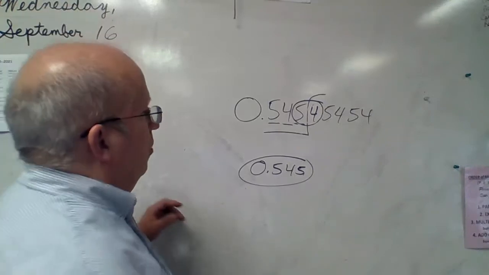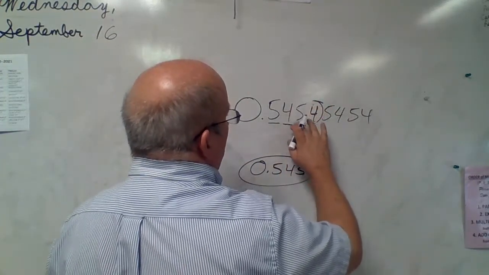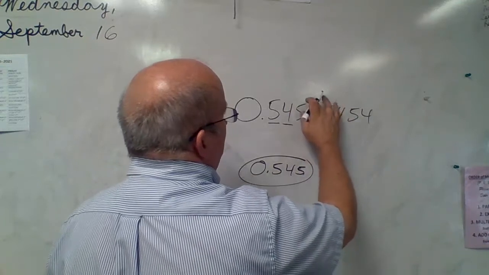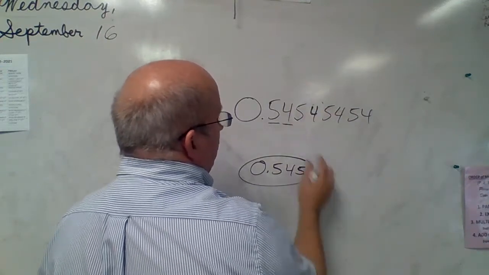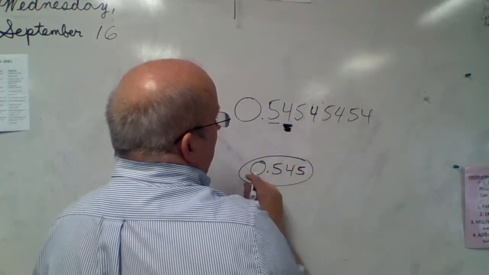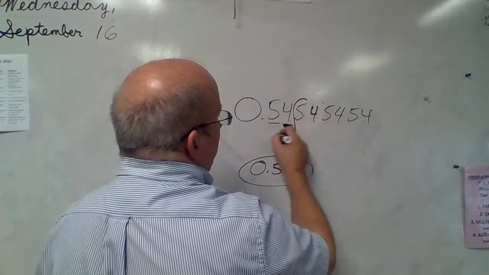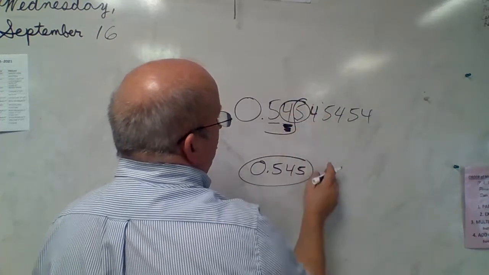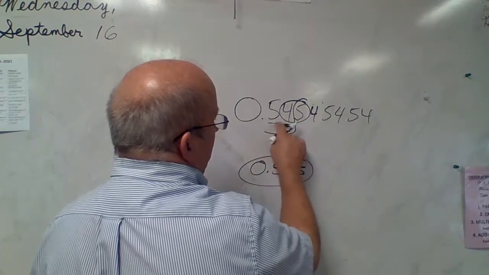Let me ask you this though. What if somebody said, instead of rounding to thousandths, round to the nearest hundredths? Where is the hundredths place value? It's right here. And if I'm rounding to the nearest hundredths, that means I'm going to be looking at these 2 digits right here because I only want to show the tenths and the hundredths spot.